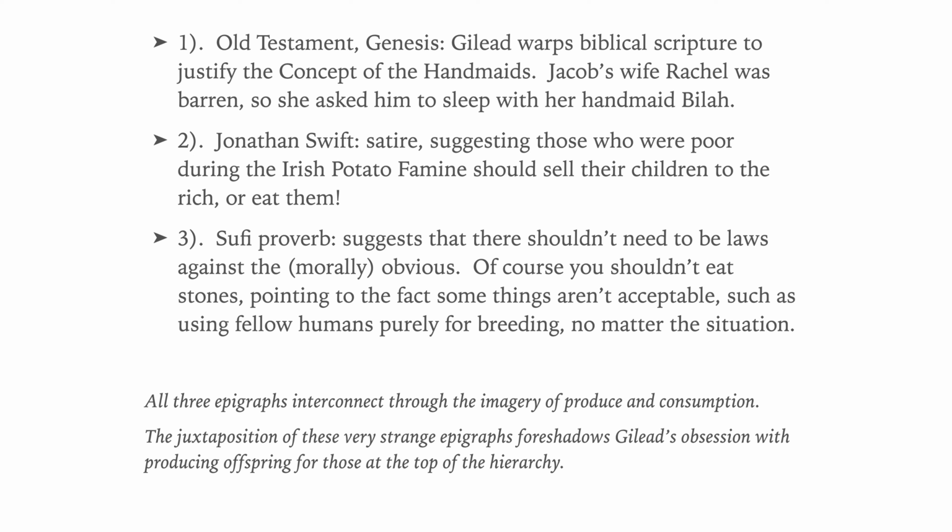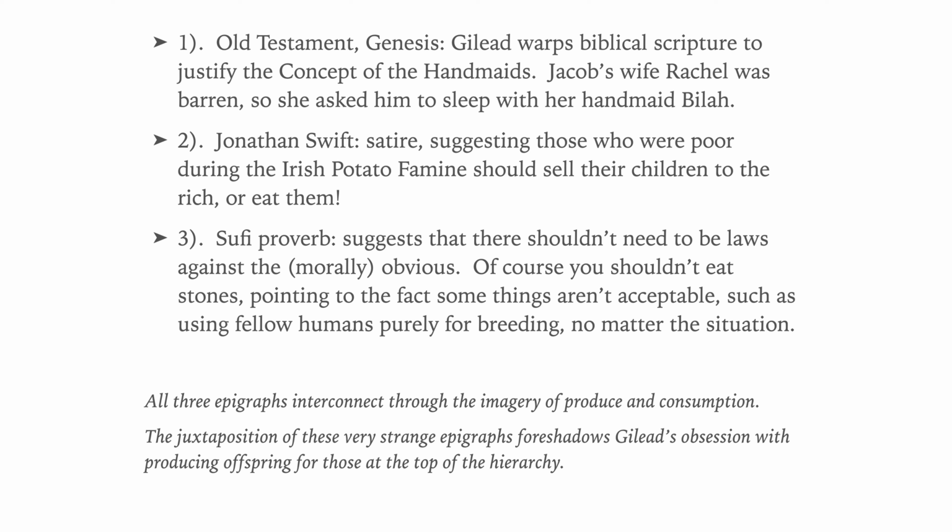The second epigraph from Jonathan Swift is satirical. It suggests during the Irish potato famine that those who were poor should either sell their children to the rich or eat them.